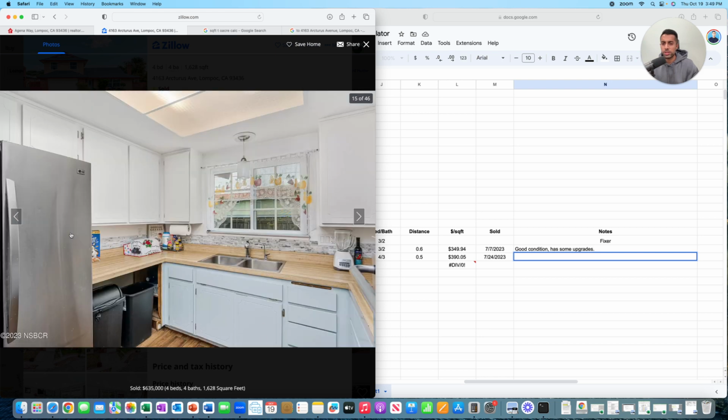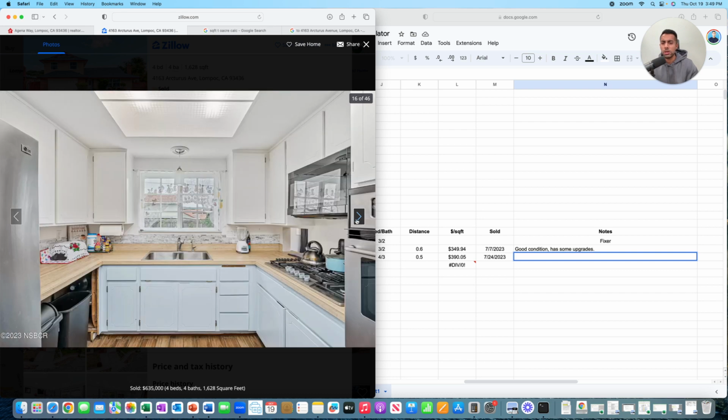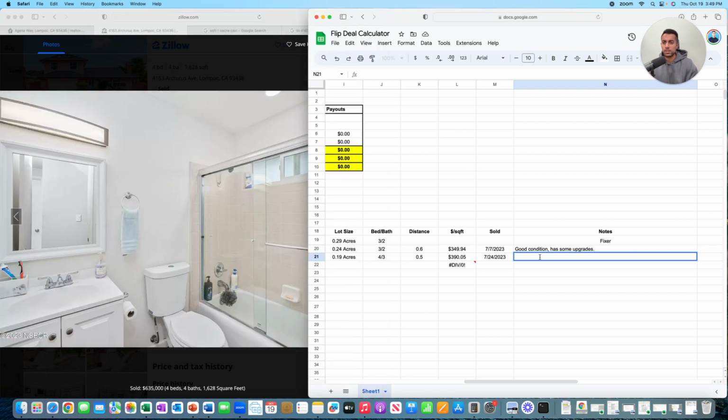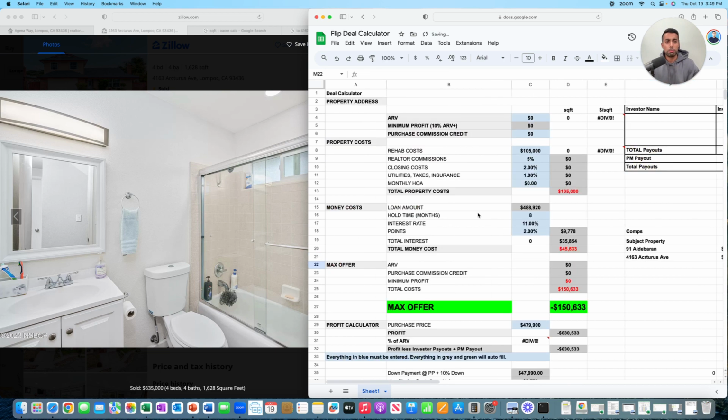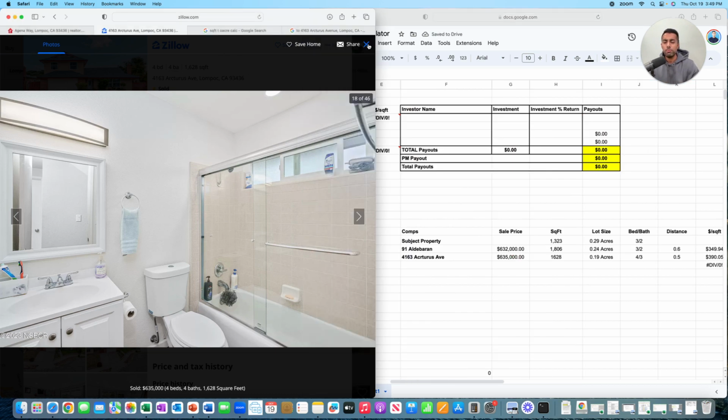Everything's pretty new. So the kitchen is old, but it looks like it's been painted and maintained. Oh, we got a new vanity. So I would say mostly renovated, lots of major upgrades. Cool. So these notes are going to be really important when we get to it.